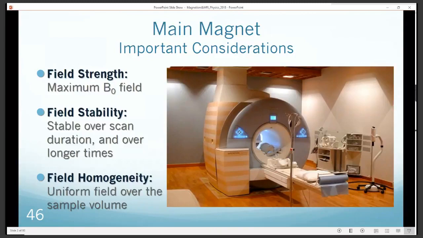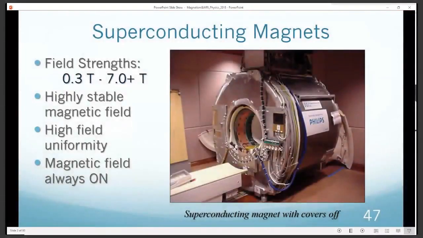The key parameters, in addition to the field strength, are the stability, which superconducting magnets have extremely, and also magnetic field homogeneity, which means you want the magnetic field strength to be essentially perfectly uniform across the entire part of the body that you're imaging.